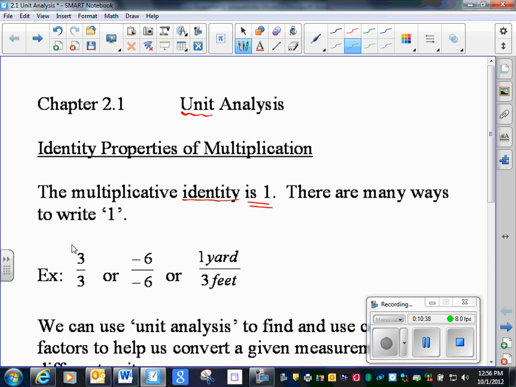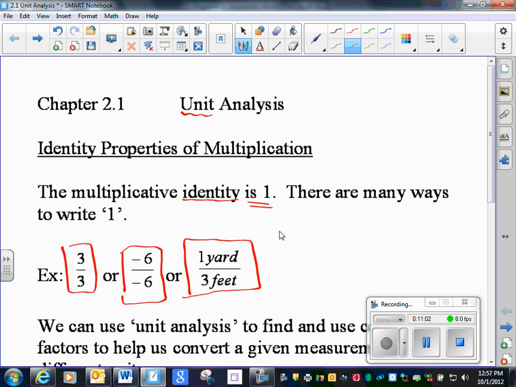So here's one representation of the number 1 using division. Here's another one. And here is another one, because 3 feet is the same thing as 1 yard. So these actually equal the number 1, just like the first 2 examples.